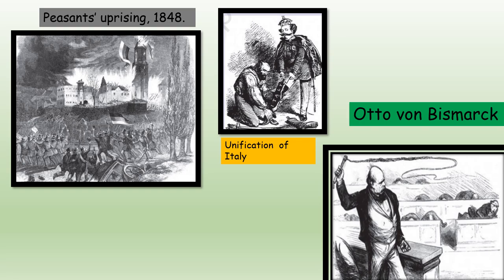So after unifying Italy, the map of Italy is boot-shaped. Giuseppe Garibaldi unified Italy as one and handed over the whole of Italy to be ruled by Victor Emmanuel II.